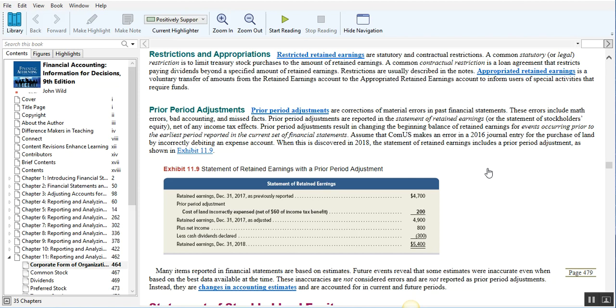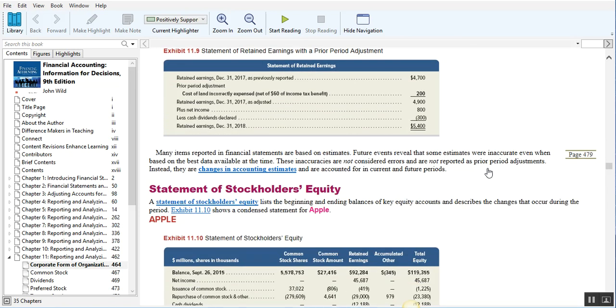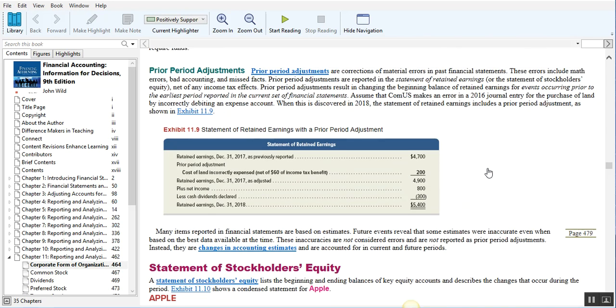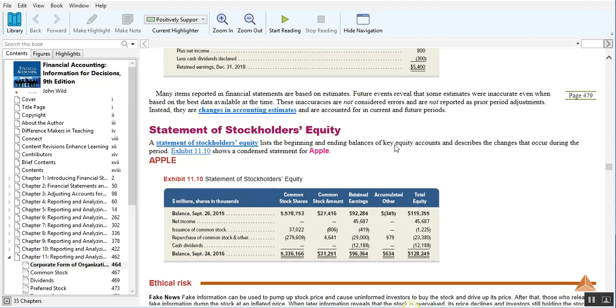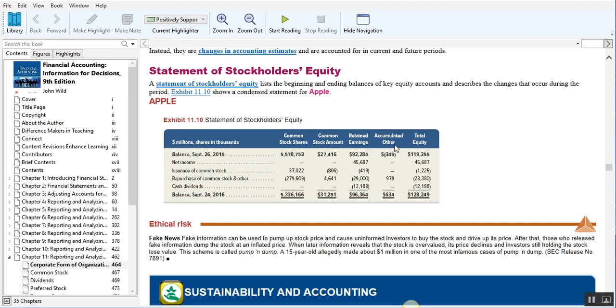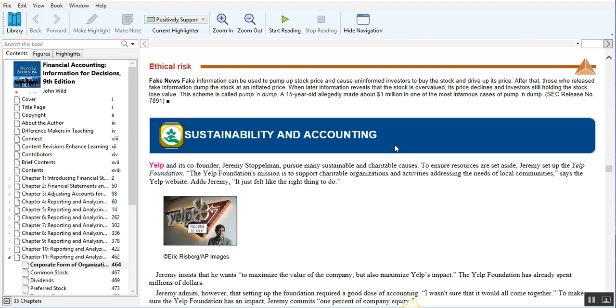A prior period adjustment occurs if there's been an accounting error or a material misstatement in one of the prior statements that you're correcting. And those would be simply adjusted here. That's different from changes in accounting estimates. If you change an accounting estimate, like depreciation, that only affects the current and future periods. You're going to show it differently.